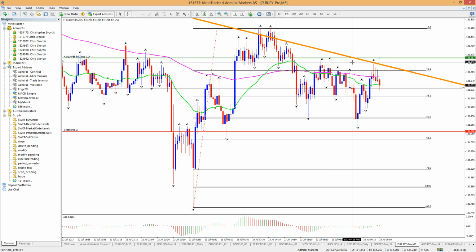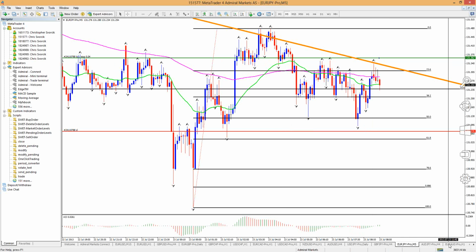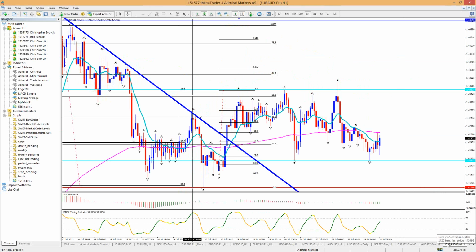That's something you have to take into consideration yourself. All right, so let's take a quick look still at the Euro odd, because Galen was talking about the potential cipher pattern.